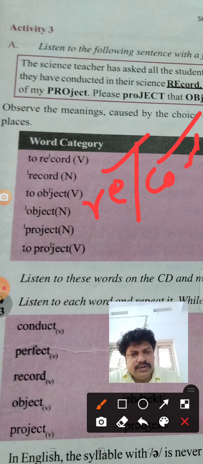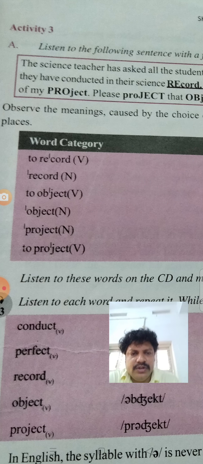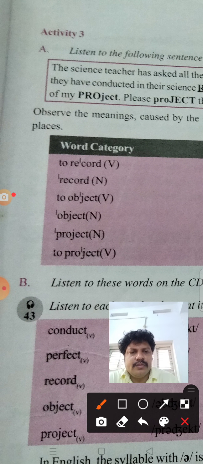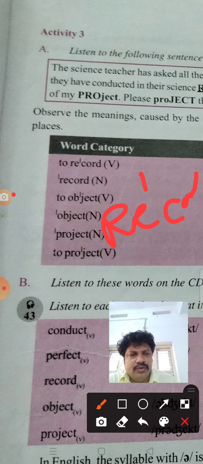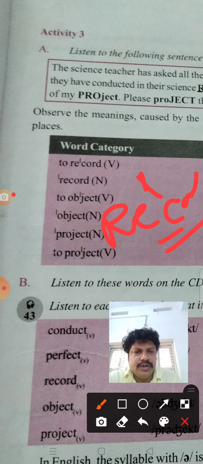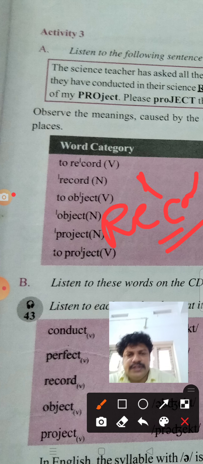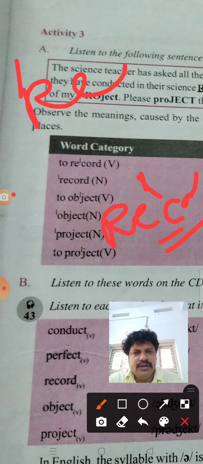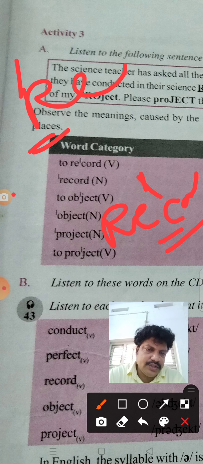We can use record in two ways. If we put the stress on the second syllable, record, it becomes a verb, meaning recording something. In the same way, if we put the stress on the first syllable, record, that is a register. Generally, records and registers are there, that is a register.